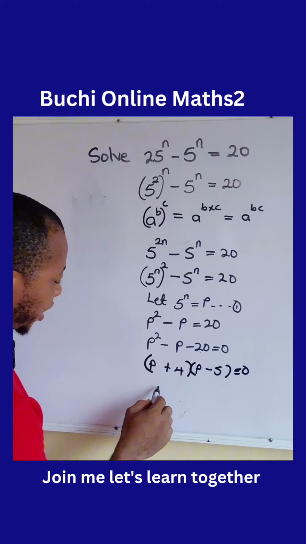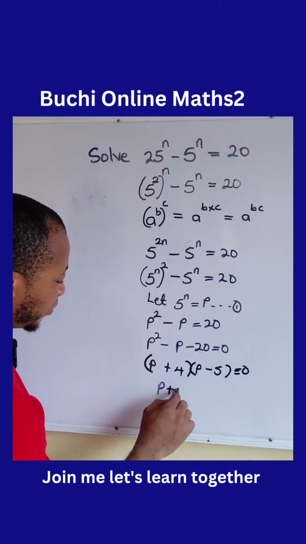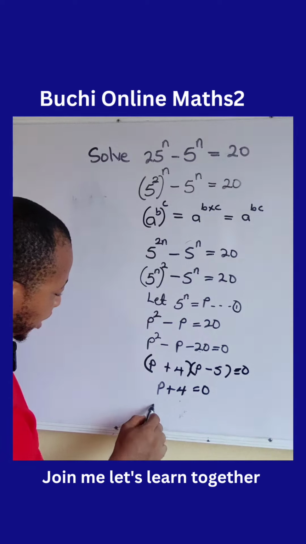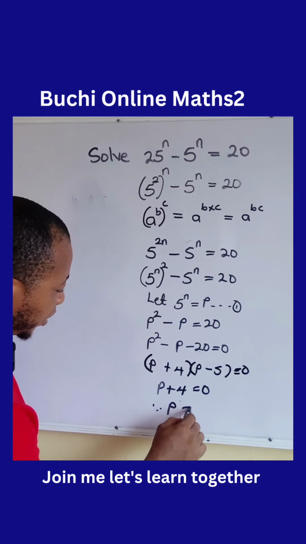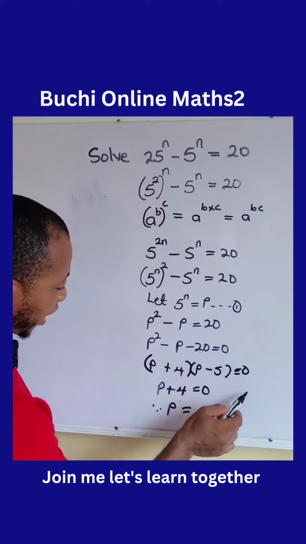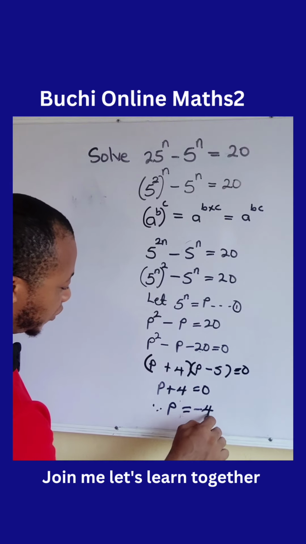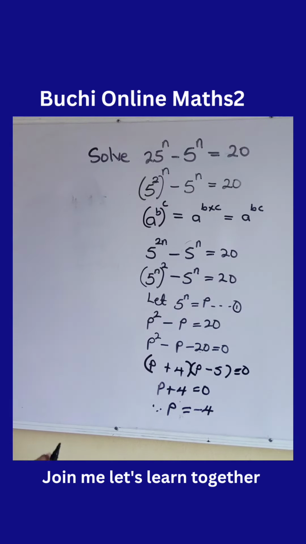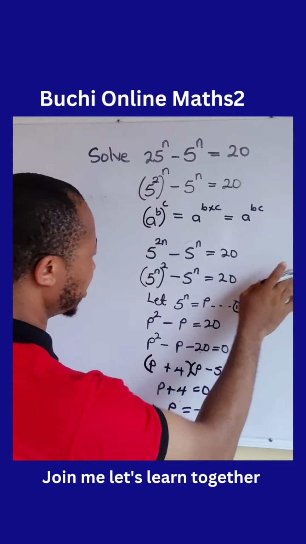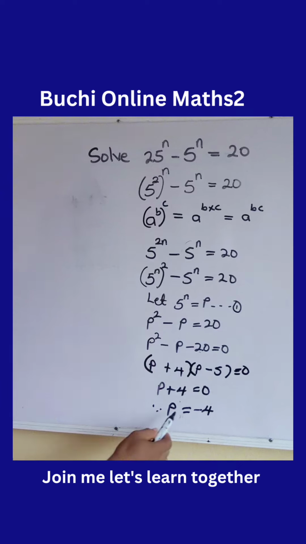So let's take the first bracket. When p plus 4 is equal to 0, therefore p alone will be what? Move plus 4 to the right side, it changes to minus 4. So this is the first value of p. Second value of p is when the second bracket is equal to 0.